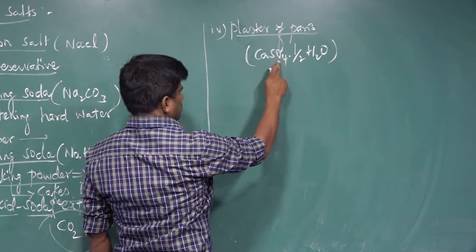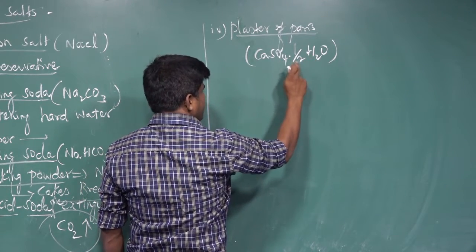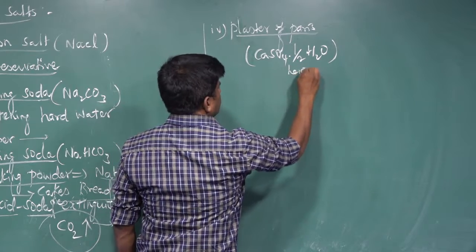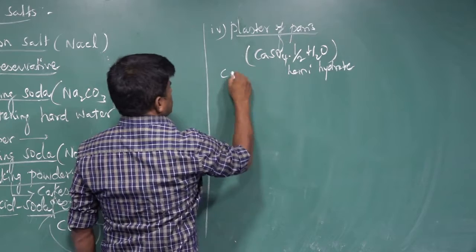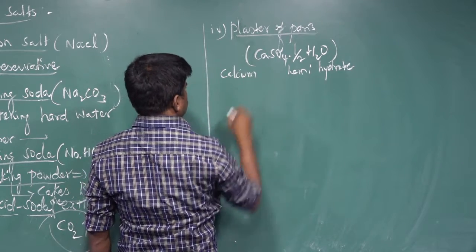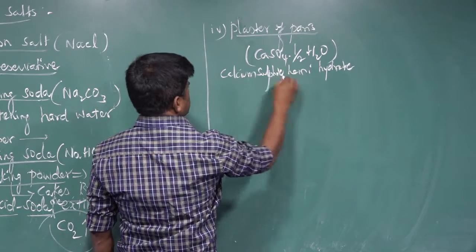CaSO4, calcium sulfate, dot H2O, which is named hemi. What is hemi? Hemihydrate. This is calcium sulfate hemihydrate. You should understand this formula and read it carefully.